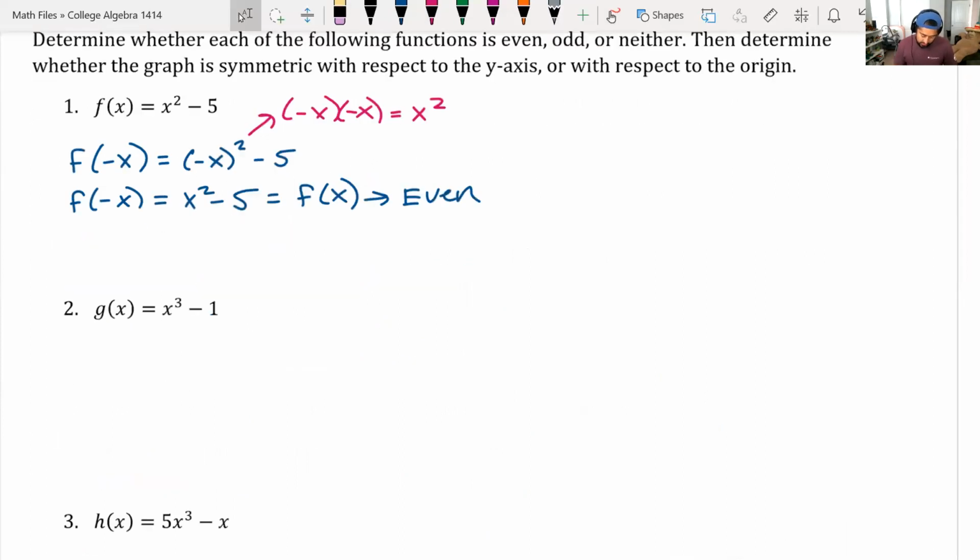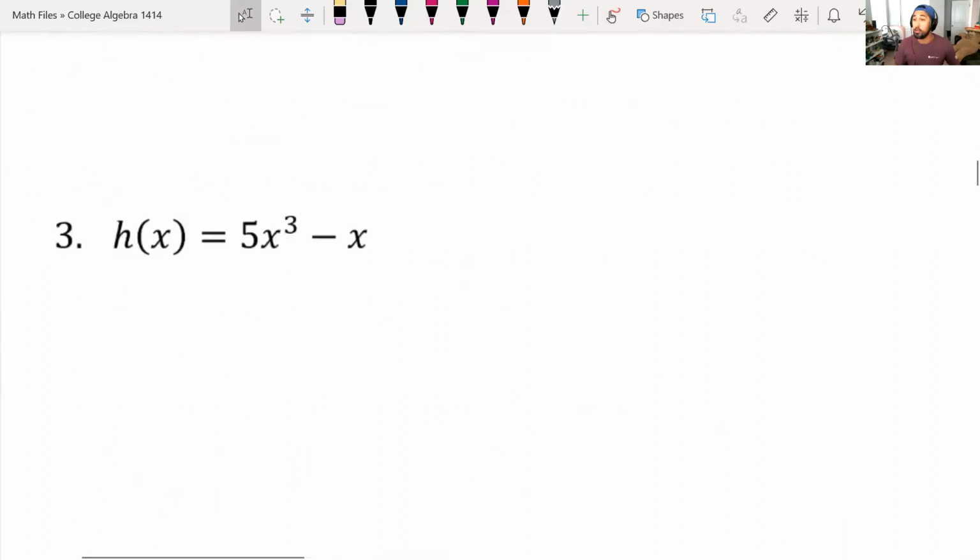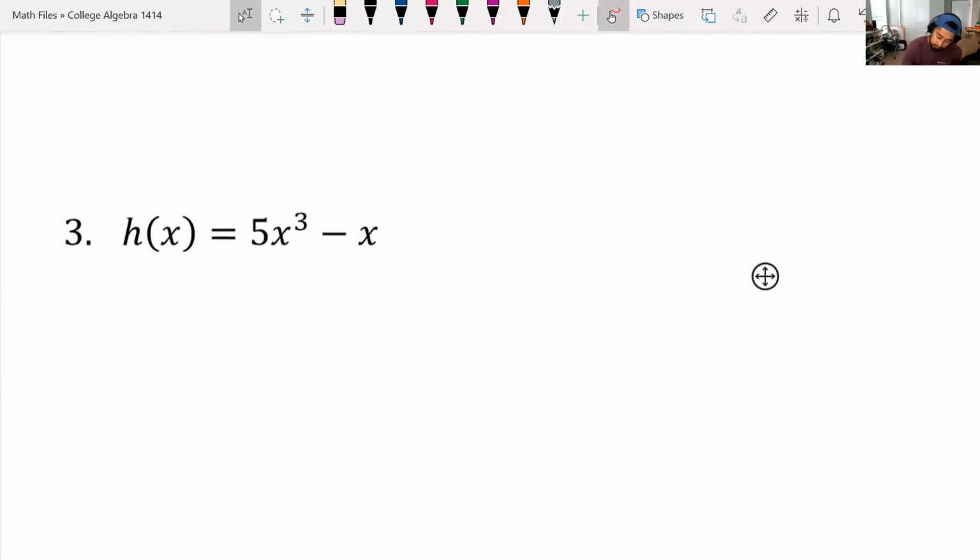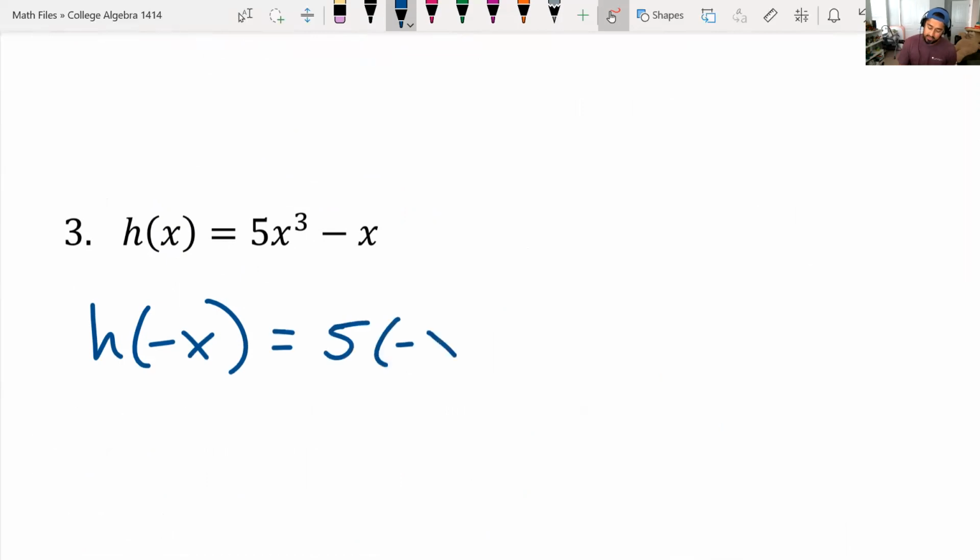Who's going to be odd? Oh, yeah. 3 will work. Okay. So we want to check to see if it's odd. So we plug in negative x, which means I'll get 5 times negative x cubed minus negative x. Okay. And then simplify.